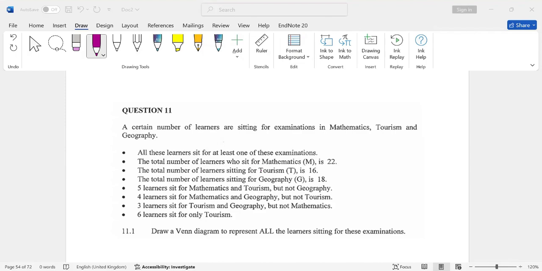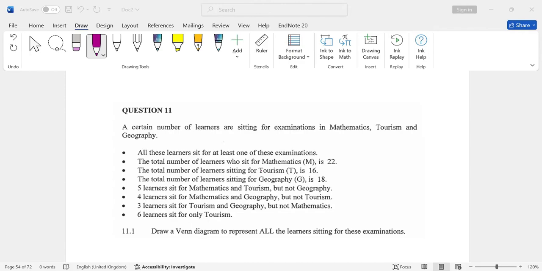The total number sitting for tourism T is 16, and for geography G is 18. 5 learners sit for mathematics and tourism, but not geography. 4 learners sit for mathematics and geography, but not tourism. 3 learners sit for tourism and geography, but not mathematics. And 6 learners sit for only tourism.